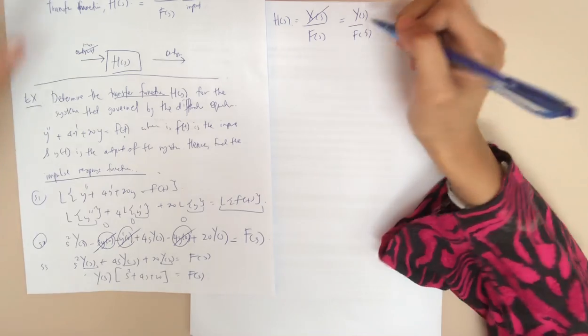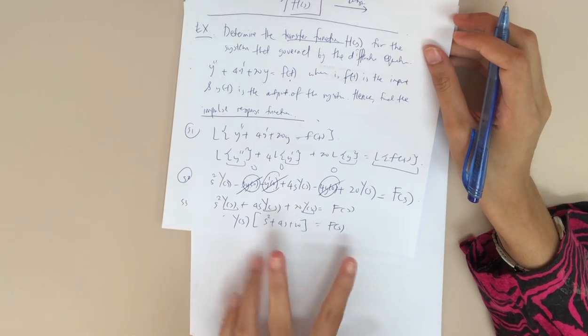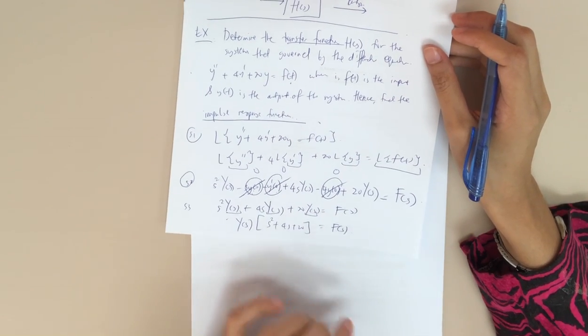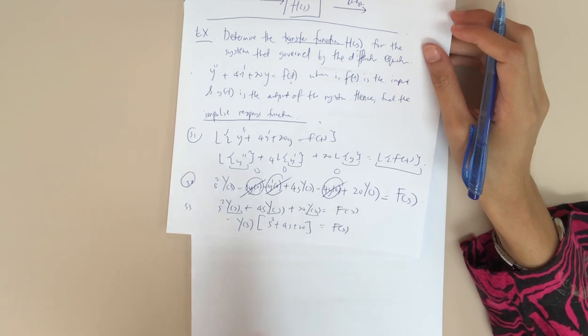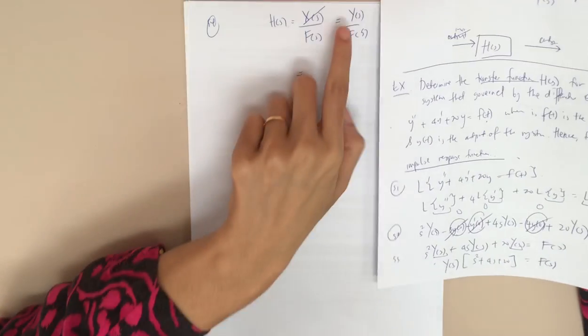Alright, so how to get H(s)? We just move these two around. You just rearrange your equation, left hand side and right hand side. So we want to make it Y(s) over F(s).